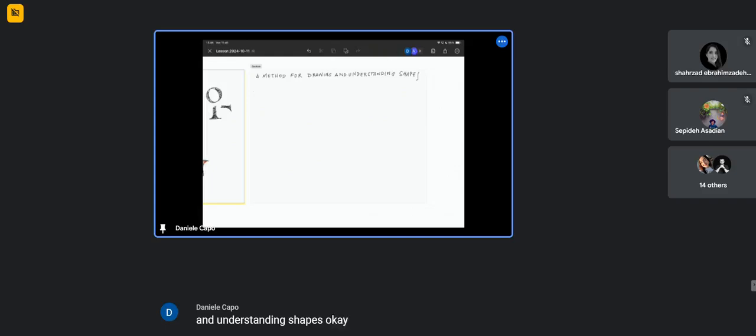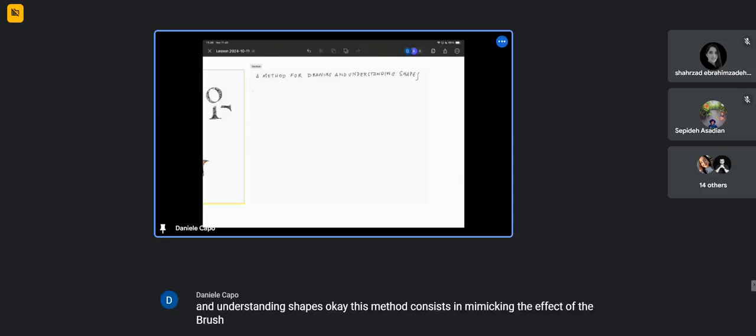Okay? This method consists in mimicking the effect of the brush. The other method is to use an actual brush.